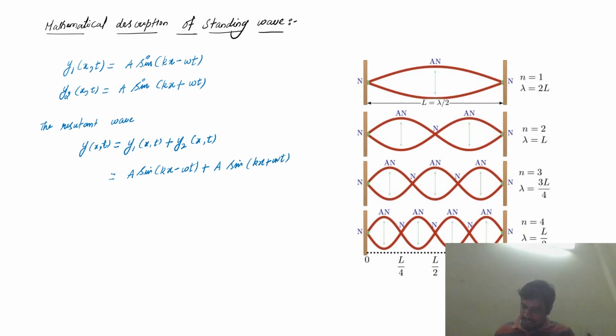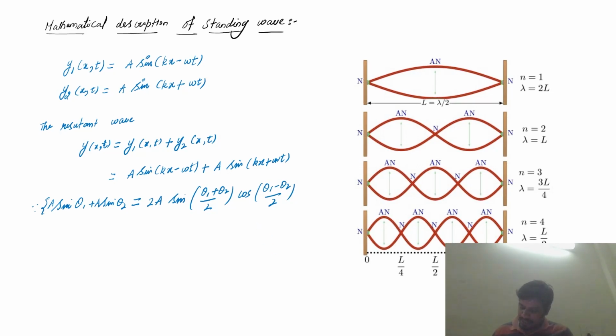Now we can use a trigonometry identity. Here we can define sin theta 1 plus sin theta 2. The sum of two sine functions, with the amplitude attached, is equal to 2a sin of (theta 1 plus theta 2) divided by 2, times cos of (theta 1 minus theta 2) divided by 2.